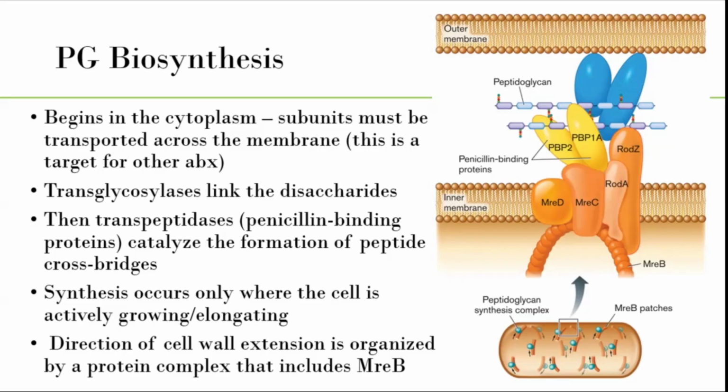It's this little guy on the inside that's anchoring this whole complex of how we make the peptidoglycan together. We're going to talk more about MreB in a second, so don't worry too much about it right now. So just know the transglycosylases link the glycan chain together, and that synthesis can only occur where the cell is actively growing. Synthesis of peptidoglycan.